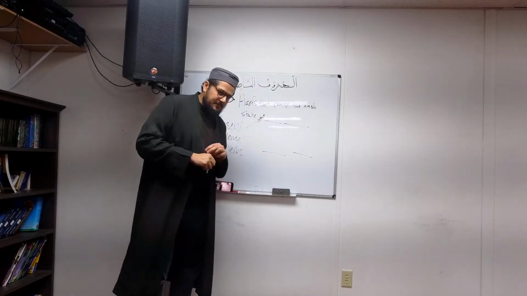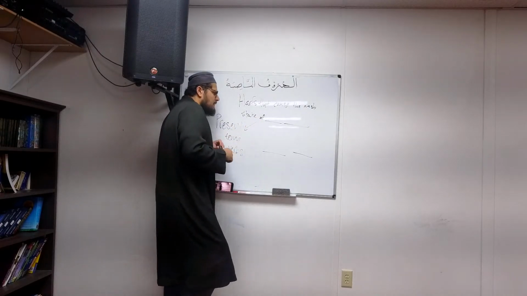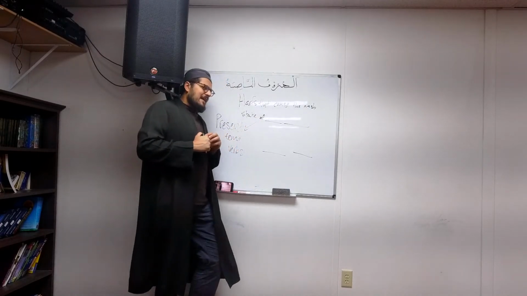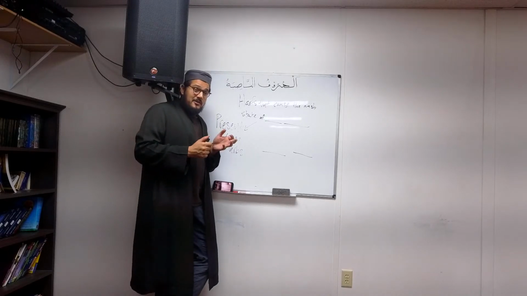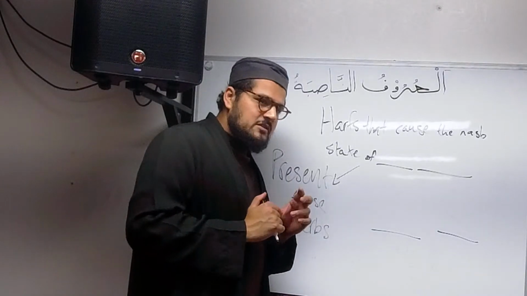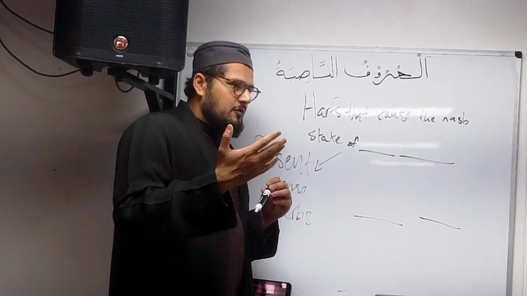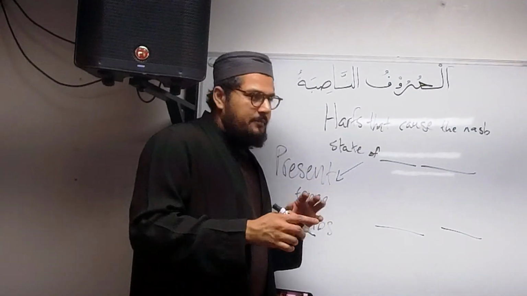Present tense verbs. What are the 4 harfs that have that power and capacity? When are they used? Why do we use them? Why do verbs have to have states? These are all questions that will be on your mind as you learn about these. Let's first and foremost introduce you to what they are.